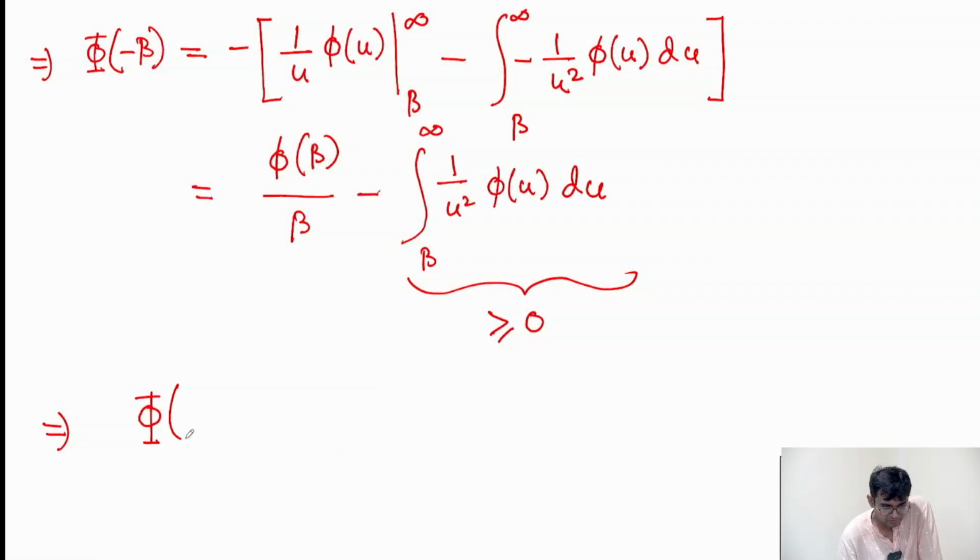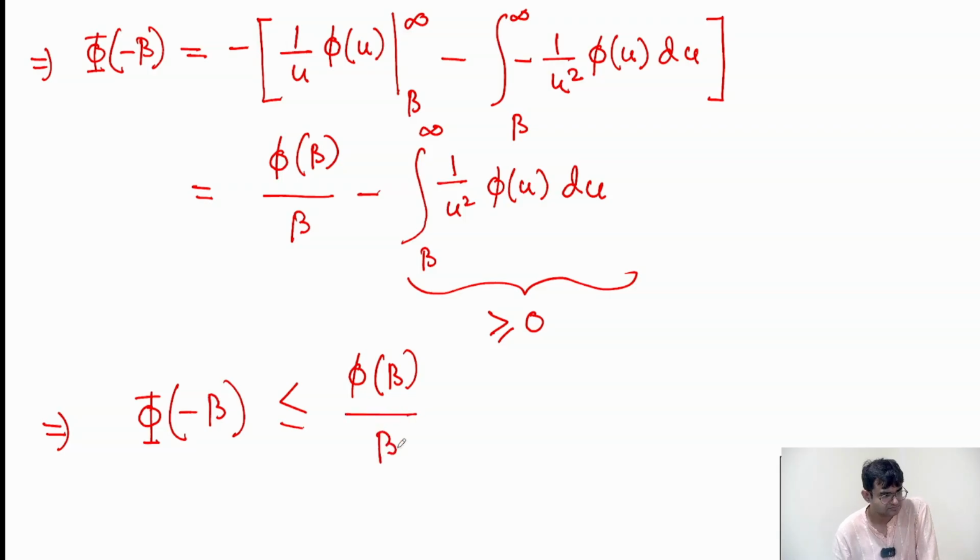This means phi of minus beta is less than or equal to phi of beta by beta, right? Which means R of beta is greater than or equal to beta. Why R of beta?